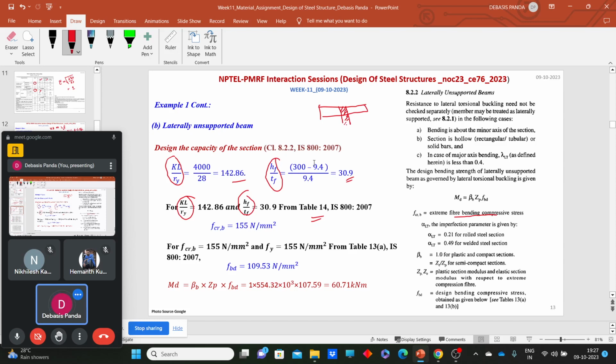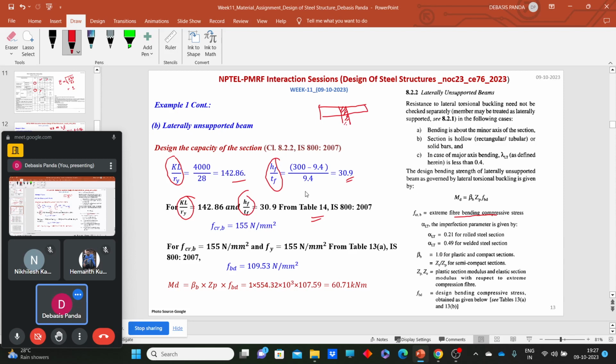Okay, so 300 divided by, yeah, 31 point something is coming. And if I consider the 300 minus, that shouldn't be 9.4 actually, that's why divided by 9.4, that comes as 30.